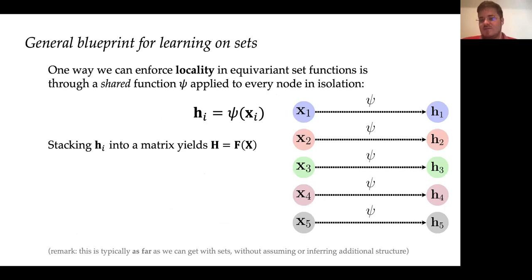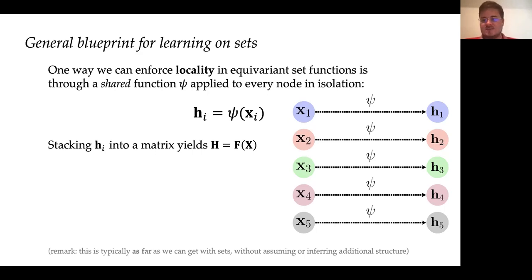We just have one function and we apply it on every node in isolation. And then if we want to explicitly write out the permutation equivariant function that results from this, we can just stack these h_i's in the same order in which we stacked the original x's. And this gives us a matrix H, which is considered to be the output of our function F.